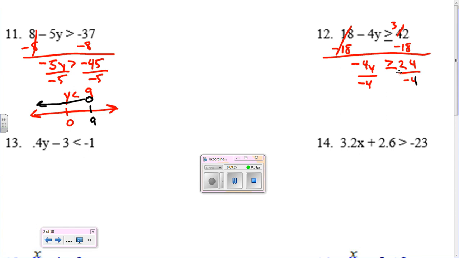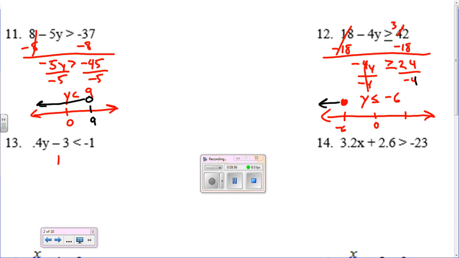Divide by negative 4. y is less than or equal to negative 6. Now I had to flip that sign because I was dividing by a negative. 0, negative 6 is here, and it's less than or equal to, so it's a closed dot going this direction.